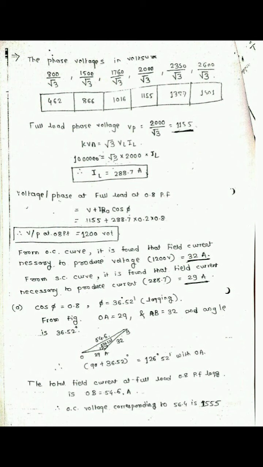From the IF we can get the value of OCC voltage. That voltage is called E, and this voltage value is 1555. This is the excitation generated voltage.